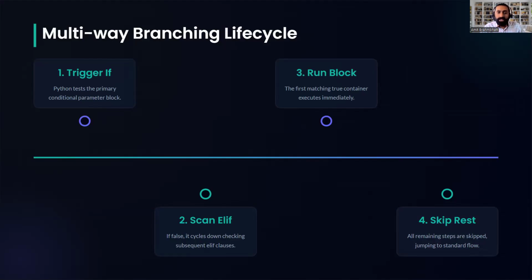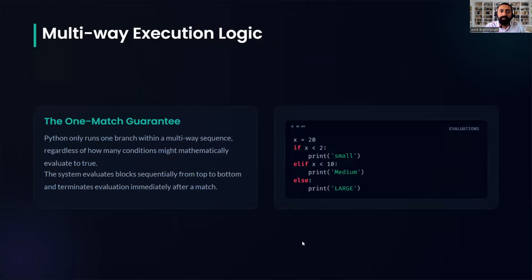The first matching true condition executes its block immediately. Once a match is found, Python runs that block, skips all remaining clauses, and jumps directly to the rest of the program. It's a highly efficient one-match execution guarantee.